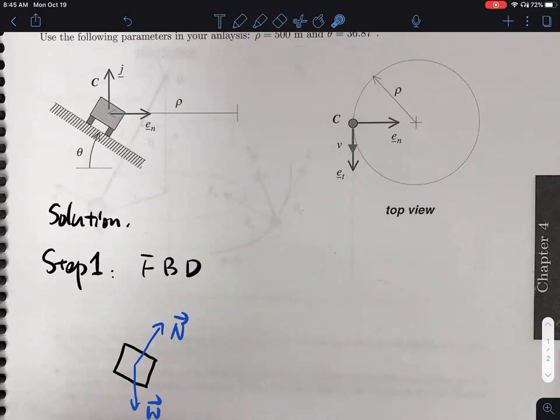So you don't see that on the diagram, but you can see E_T on the top view. This is a path coordinate system. E_T is always pointing in the direction of motion of the particle. The car is moving in a circular path. In this case, the car is moving out of the screen. So E_T is pointing in the direction of the car's motion. E_N is pointing to the center of curvature.